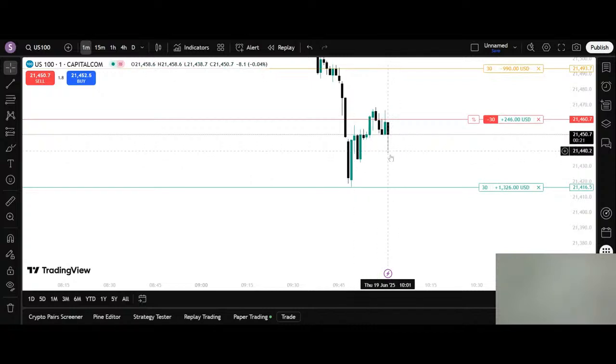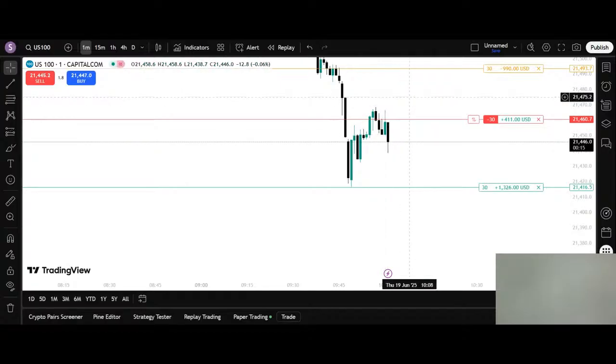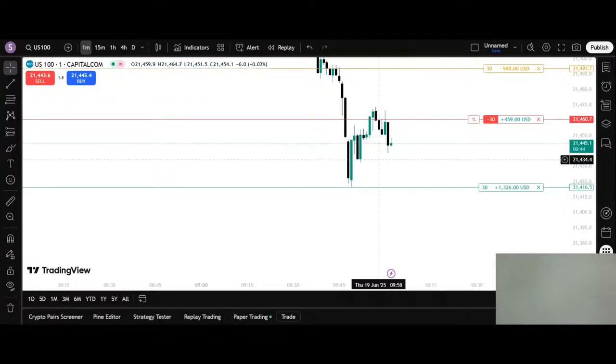If it goes a little down here and makes a bearish FVG, I'm gonna pull my stop loss down here. If it takes this low, I'm gonna pull it till here.